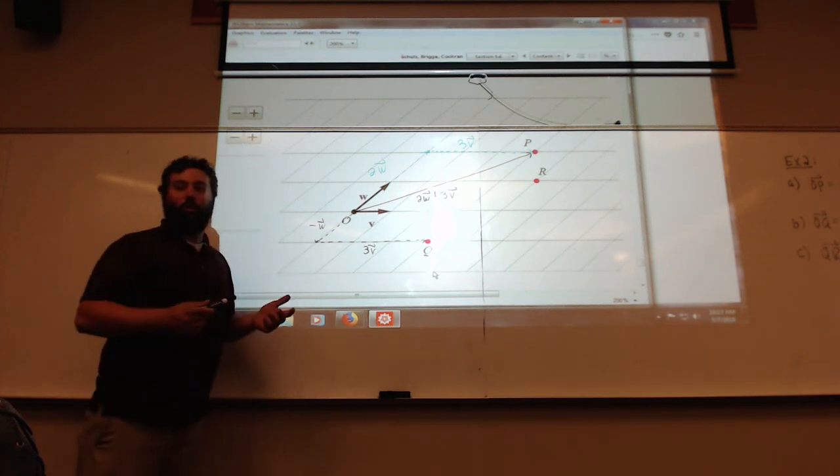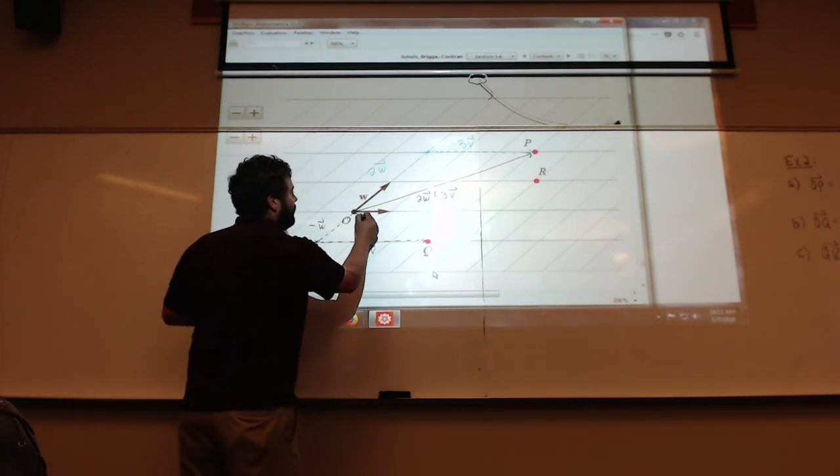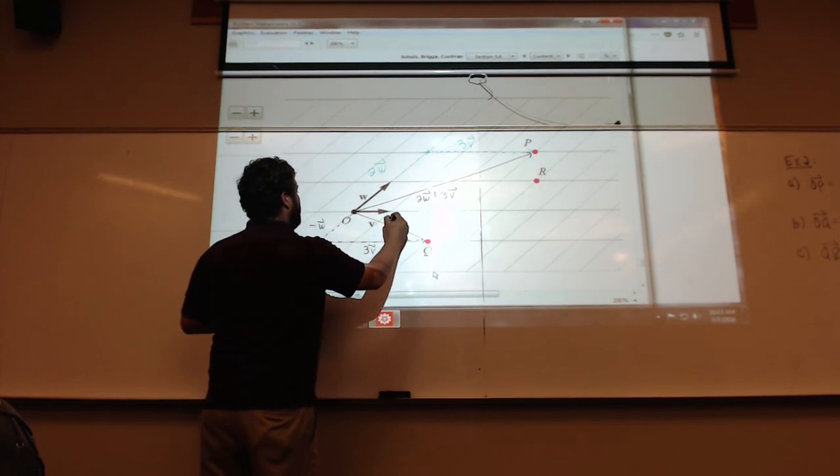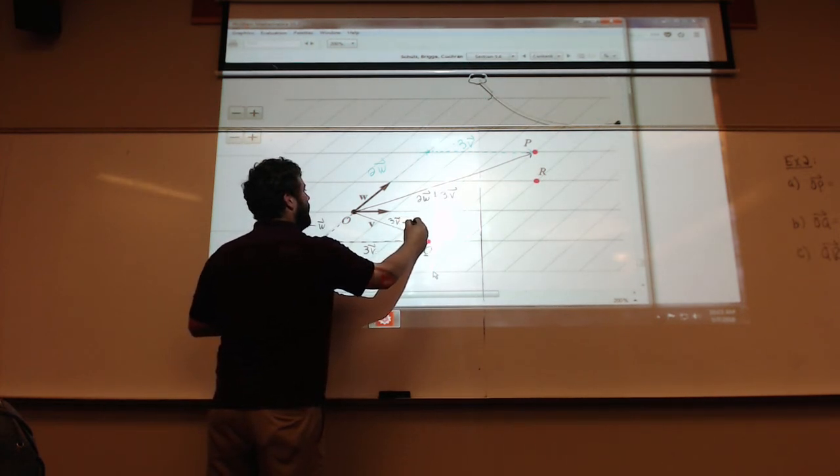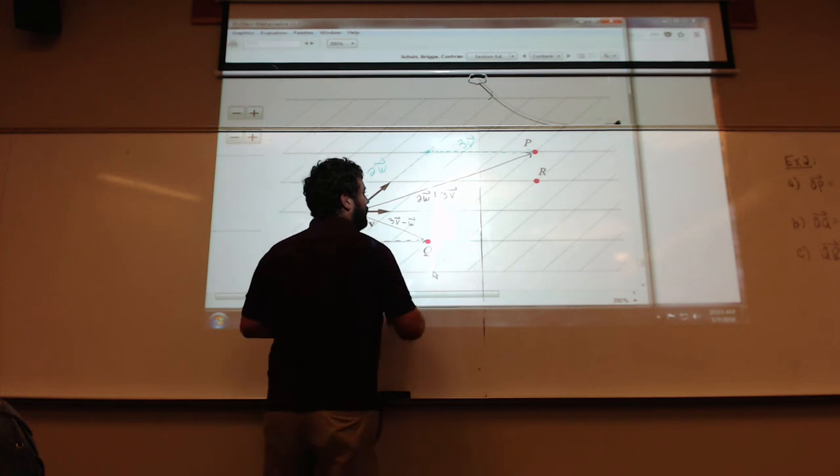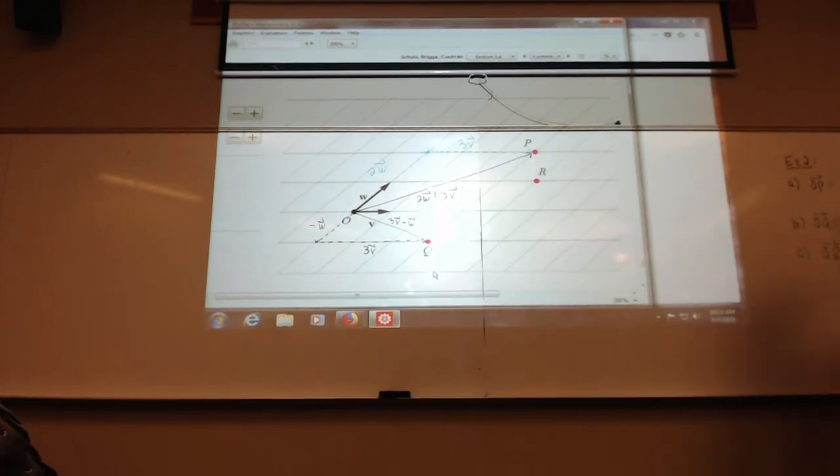Yep, you can do it either way. You can do 3V minus W, or if you like, minus W plus 3V. Vector addition is commutative, just like real numbers.